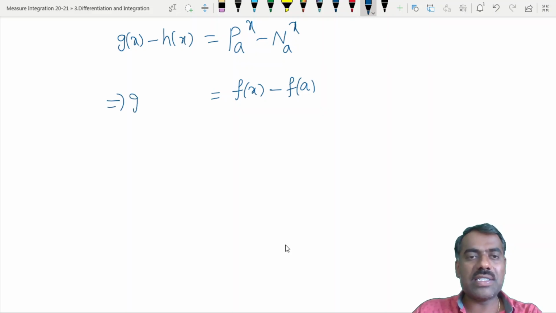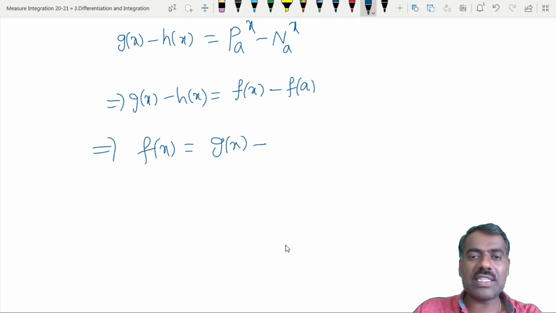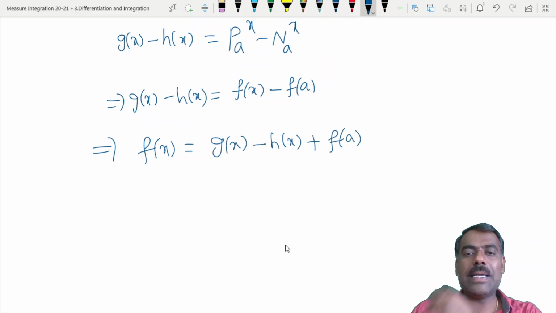So this implies g of x minus h of x is this. So f of x is what? g of x minus h of x plus f of a. Is this clear? So you can rewrite this.